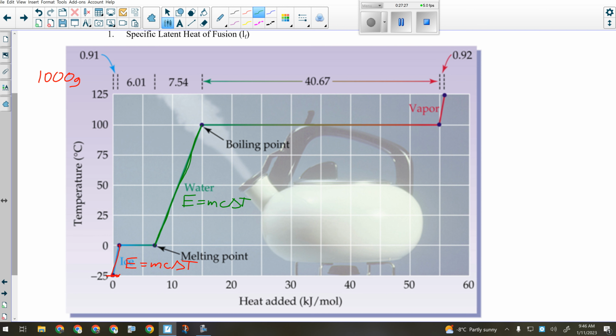The other place on this graph where this is happening is up here. At that point, I have steam. I no longer have liquid water, I have steam. But if I add thermal energy to the steam, it's also going to change temperature. And so I would again be able to use this formula.